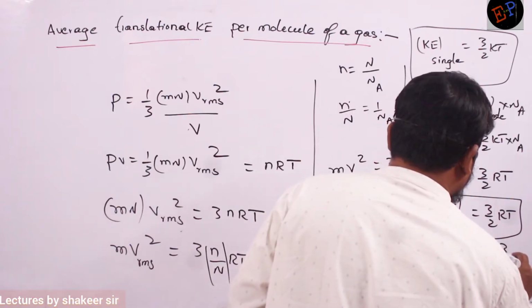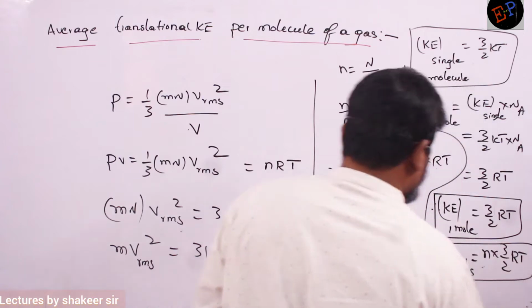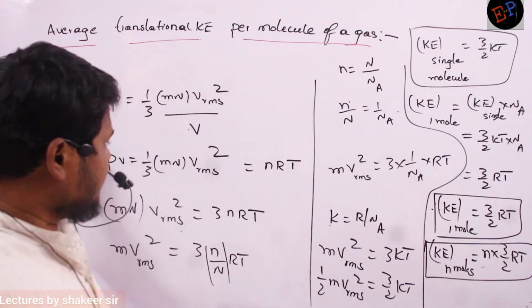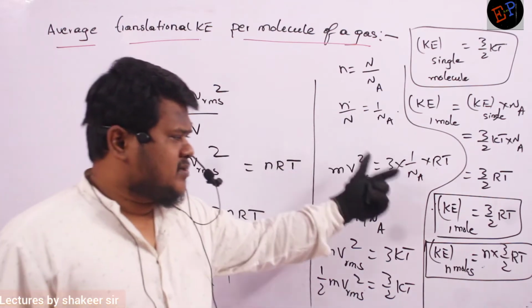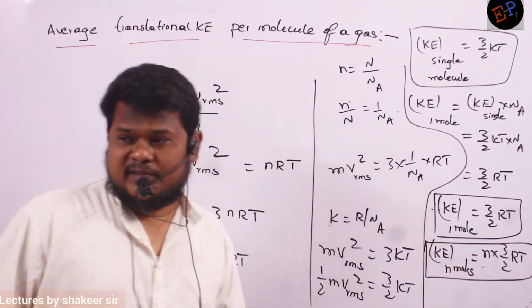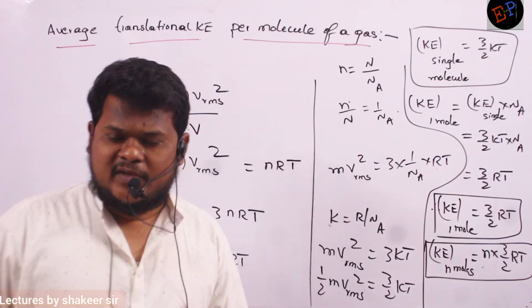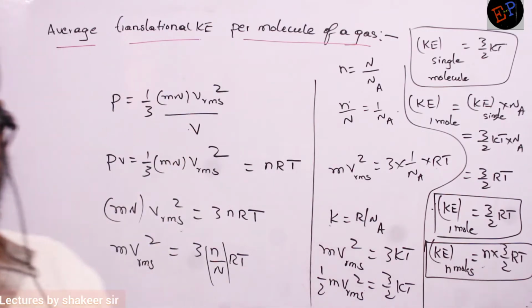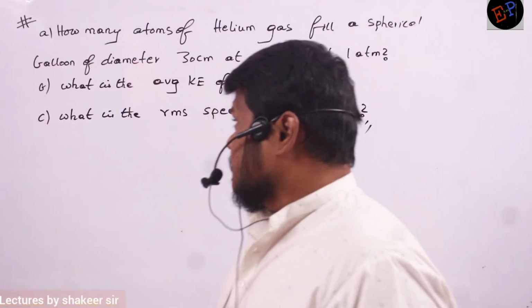Are you able to understand? If you practice these derivations carefully, then very easily you can relate what is happening here, and you can remember them for a long time. So derivations are very important in KTG. That's it.